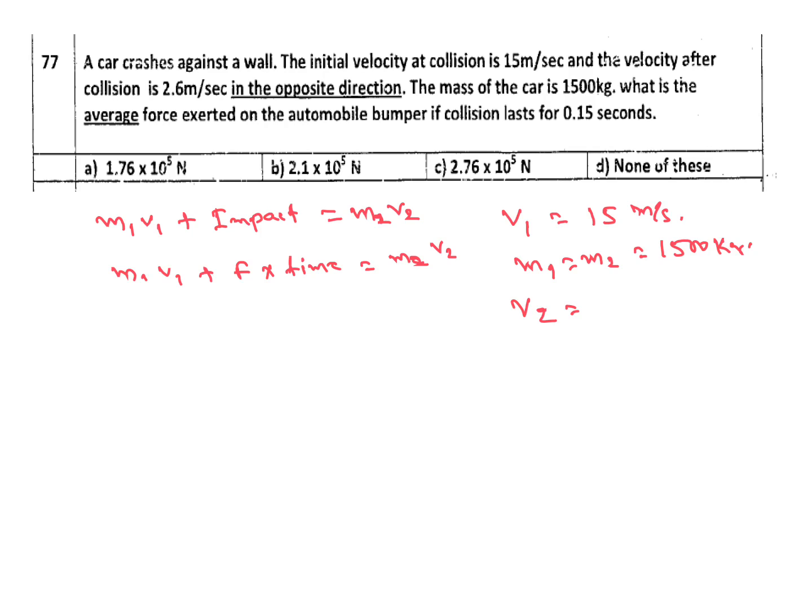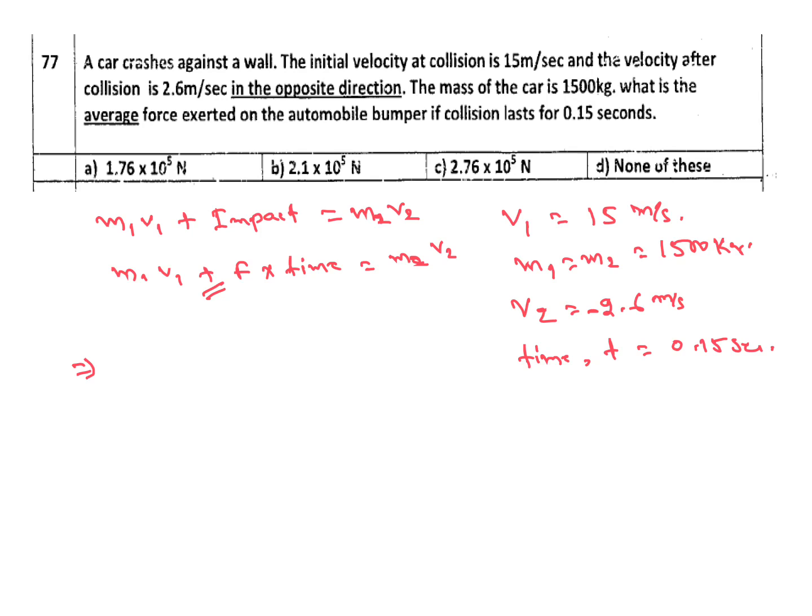After impact, the velocity is 2.6 meter per second in the opposite direction, so take minus sign. Time T equal to 0.15 second. Force exerted on the automobile bumper in the collision, after collision, so this one also we have to take minus. Force direction, other direction, opposite direction it will go.